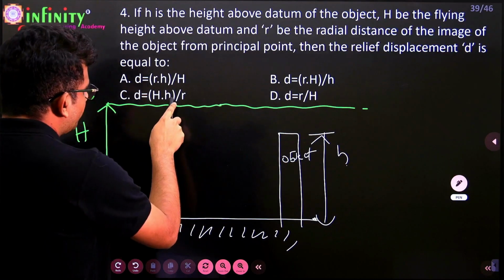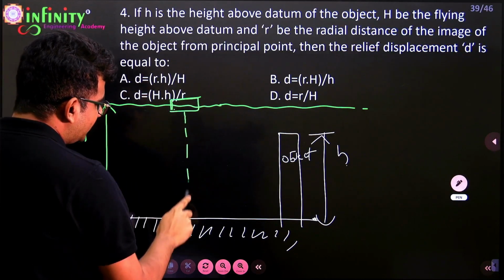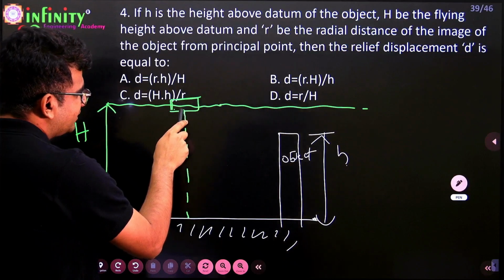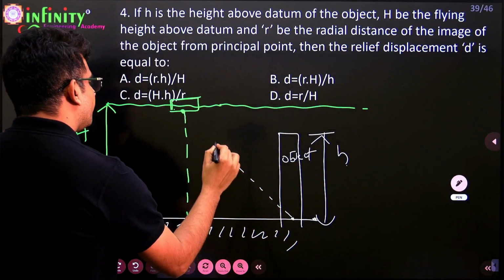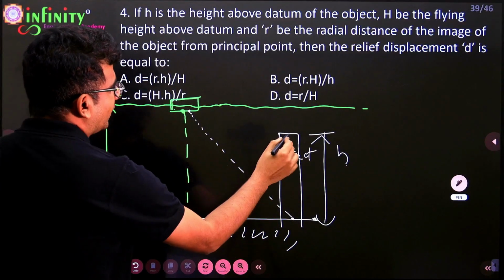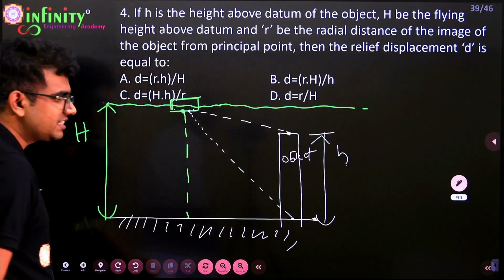Here your aeroplane, your camera, is there. Whatever this point is can be seen at this point, and whatever this other point is will be seen on the photograph at this point. Like this it will be.